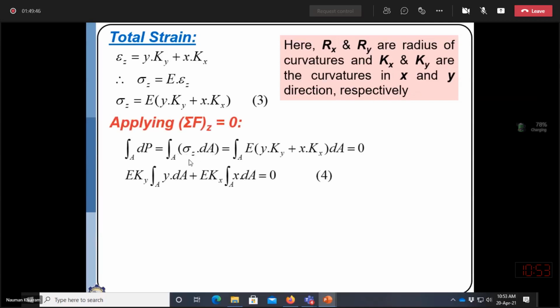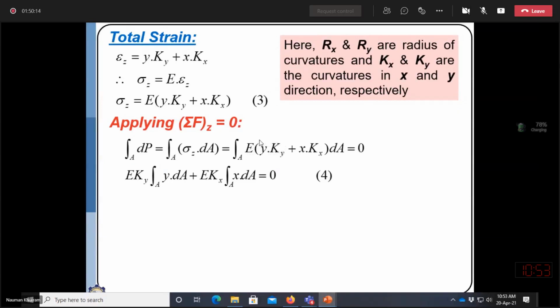Sorry, we can substitute the value of sigma z, the total stress acting at any point, from equation number 3. From equation number 3, if we substitute the value of sigma z, we have this expression by opening up the brackets. So E and ky will come outside because they are constant.